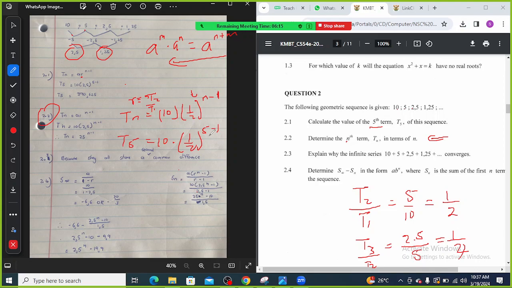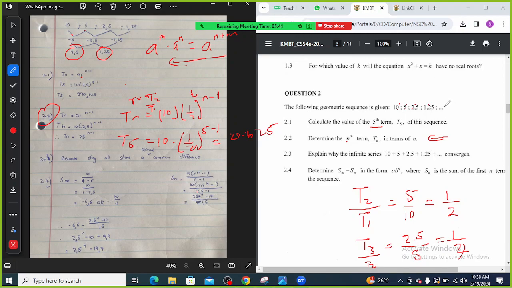The answer for 10 times (1 over 2) to the power 5 minus 1 is 5 over 8. What is 5 over 8 in decimal, because they gave you decimals here? It's 0.625.